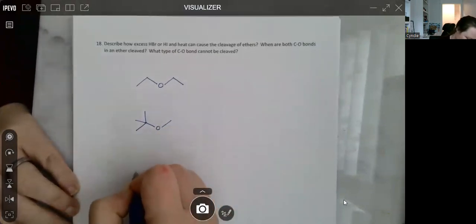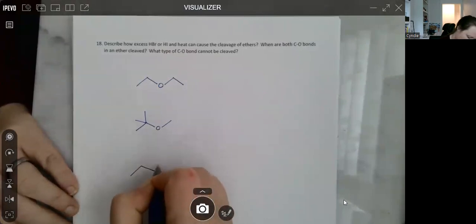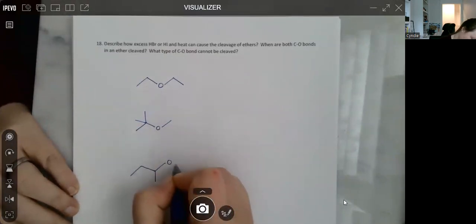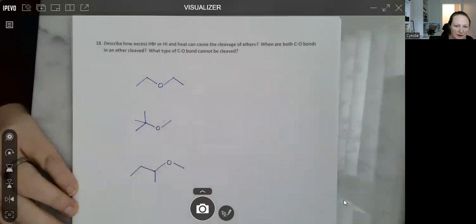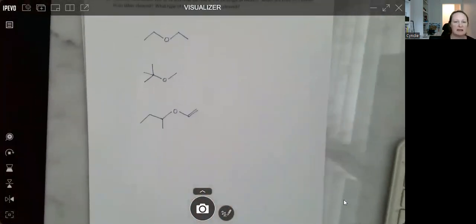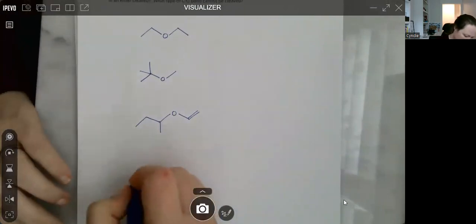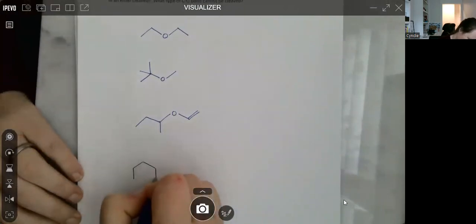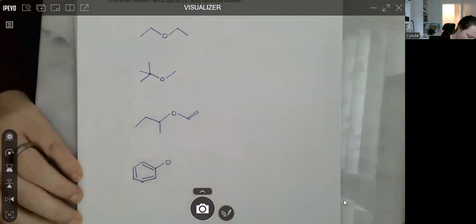We could do another example. There could even be a case where it's secondary. That would be totally fine. Let's say we'll do just trying to make it different in each case, right? So we don't have to do too many examples. Let's go ahead and add in an aromatic ring, right?